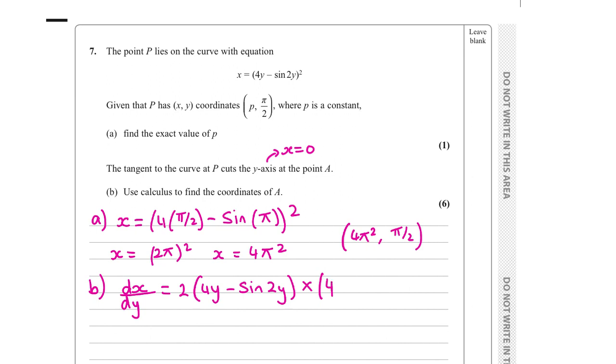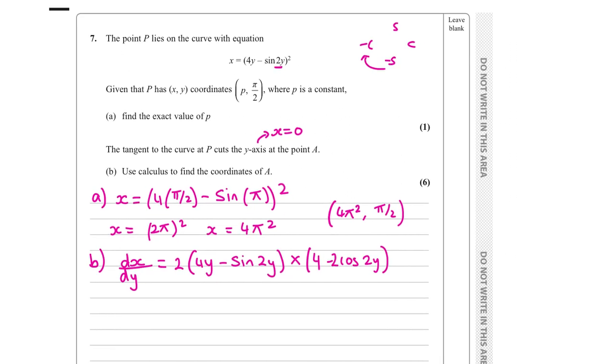Minus sine 2y differentiates to minus cos, so this becomes minus cos 2y, and then I need to multiply this by the differential of the bracket as well, which in this case is the 2y. So multiply it by 2 is 2 lots of this. Okay, so there we go.